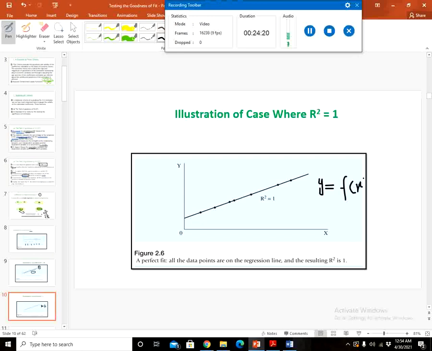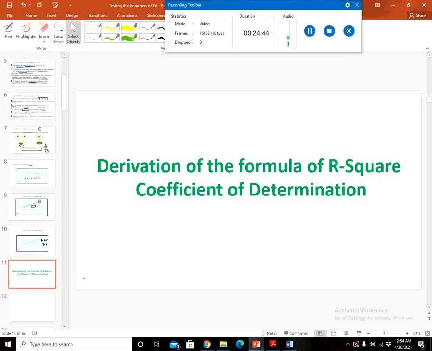Y is a perfect function of x. So the R square is 1, that is a perfect R square. All variation in y is explained by x, right?